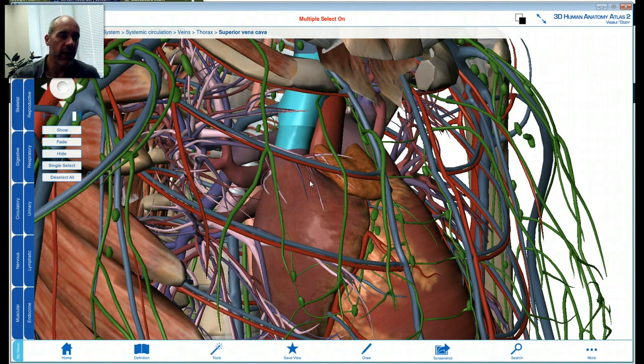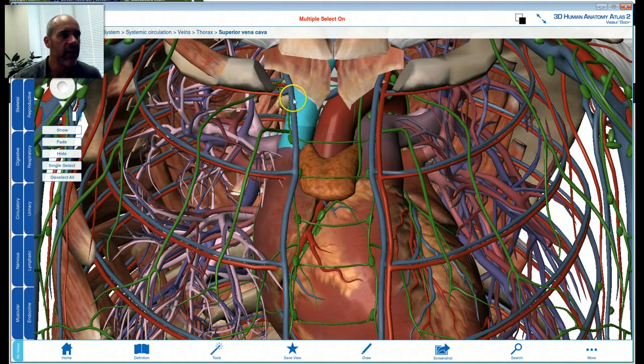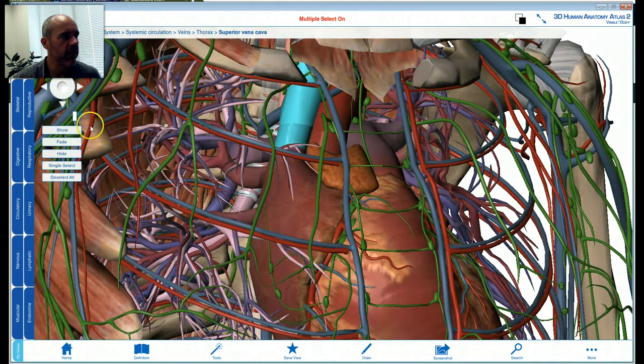A lot of this blood that's coming from the head and the shoulders and the arms is carried by various veins that eventually empty into this big gigantic one called the superior vena cava, which then connects to this section of the heart over here on the right side of the heart.